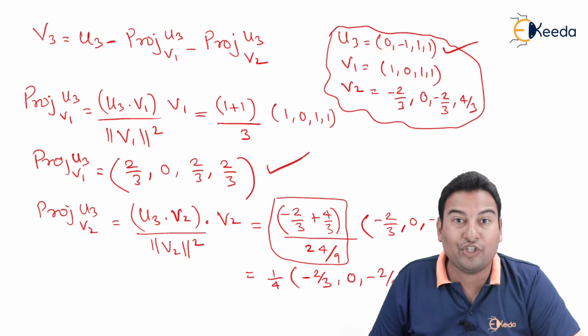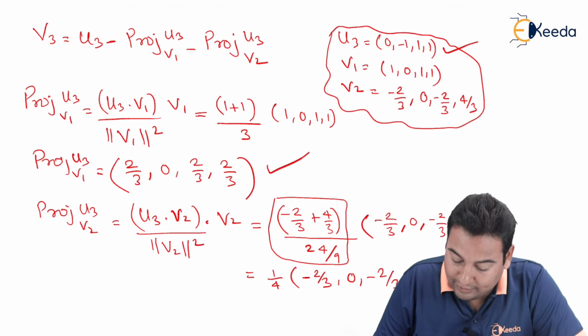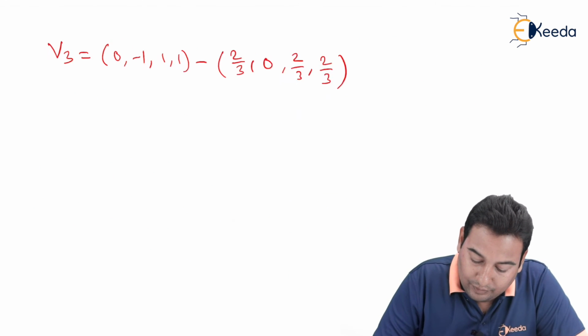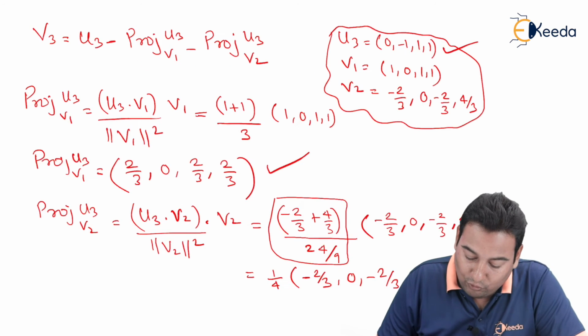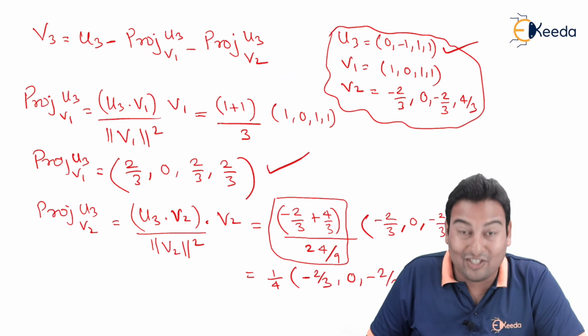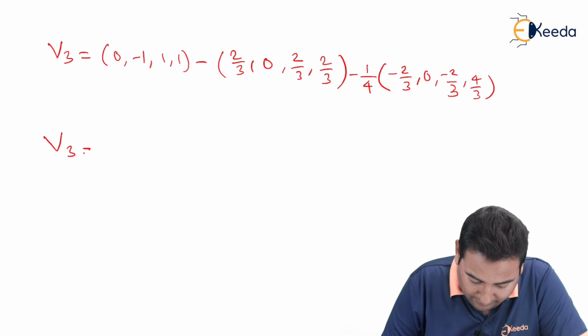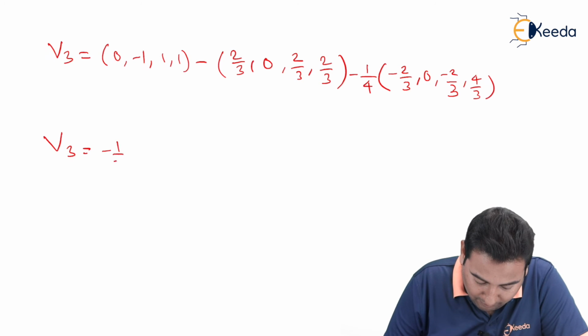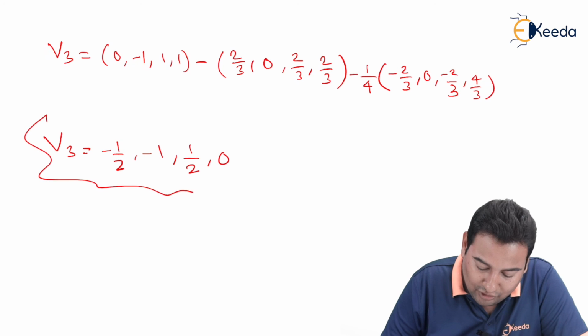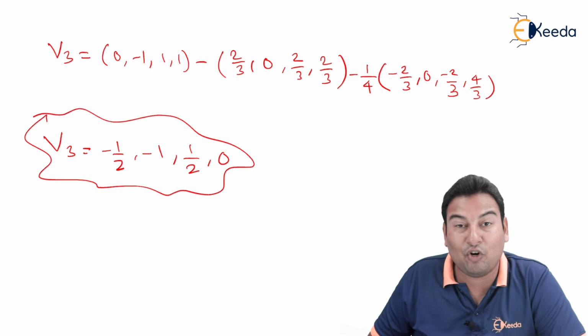And finally the projection of u3 on v2 is this, that is minus 1 upon 4, which is outside, -2 by 3, 0, -2 by 3 and 4 by 3. If you simplify this, you will get the value of v3 as -1/2, -1, 1/2 and 0. This is v3 corresponding to u3.